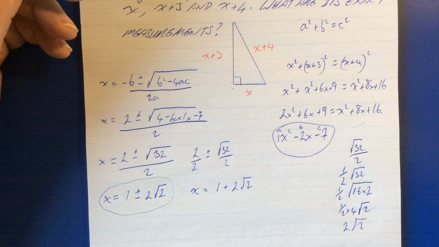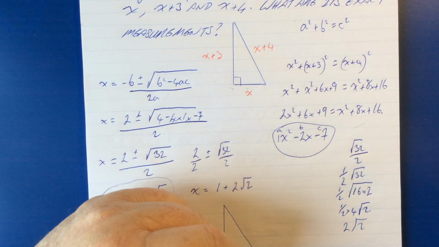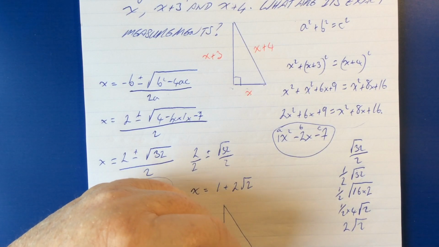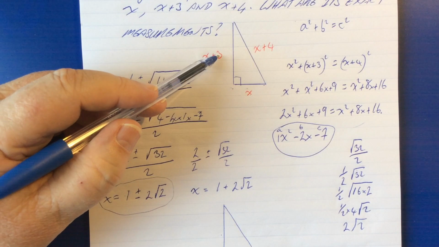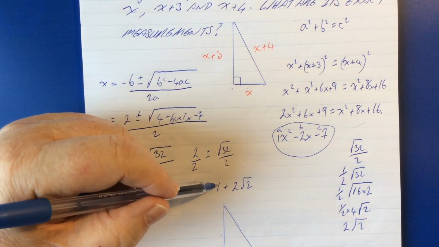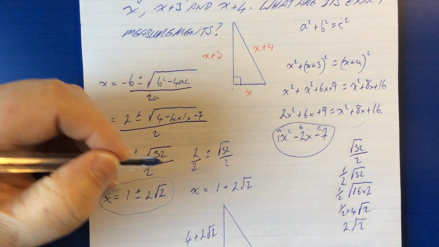So what are the measurements of this thing? Well, if I draw this roughly, this is 1 plus 2 root 2. This side is 3 plus x, so that's 3 plus 1, 4 plus 2 root 2.